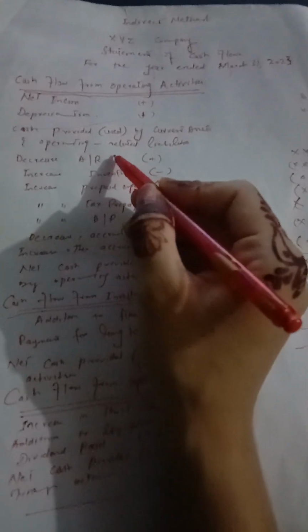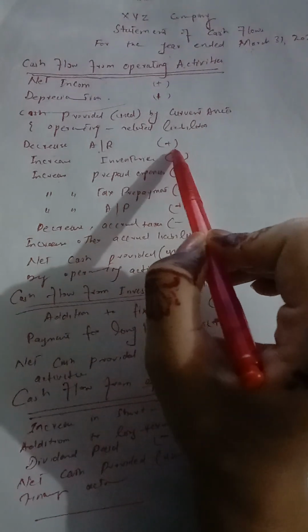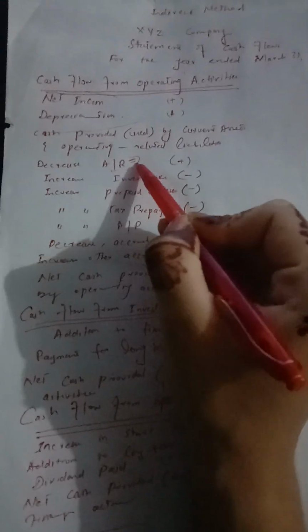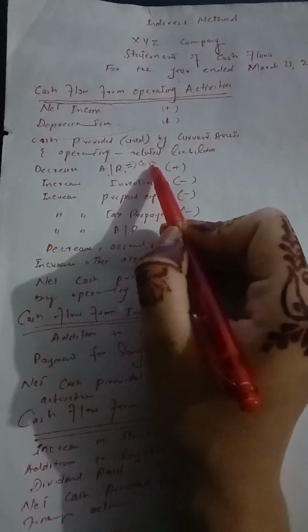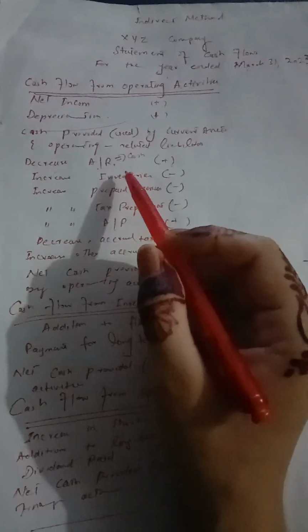Because you received it, and you add it in your cash flow statement because your cash increases. When you receive your accounts receivable, you receive cash, so the receivable decreases and it is added in your cash flow statement.